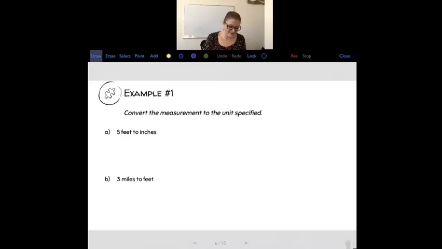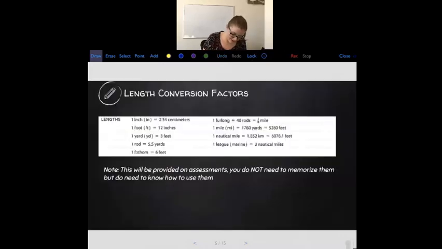Convert the measurement to the unit specified: 5 feet to inches. First I'm going to show a visual representation. Let's say we have 5 feet: 1, 2, 3, 4, 5. Based on our conversion factor, there are 12 inches per foot.